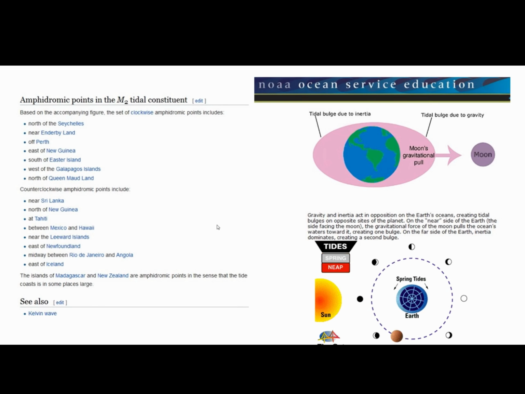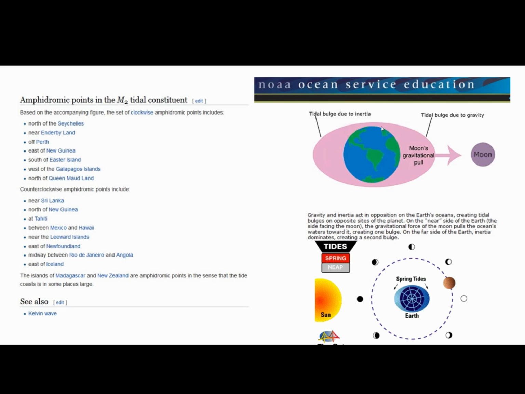It's this joke of an animation here on the bottom right that does not correspond whatsoever with the models I've shown you, as well as this one on the top where you have a bulge both on the moon side and on the non-moon side, and nothing on the top or bottom, even though we know that there's a great deal of tide in the southern part and in the northern part of what would be this map here.